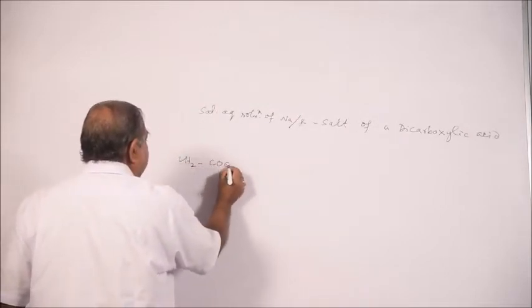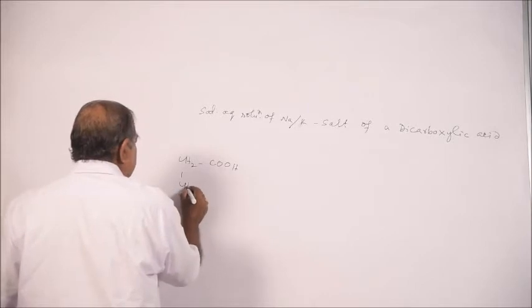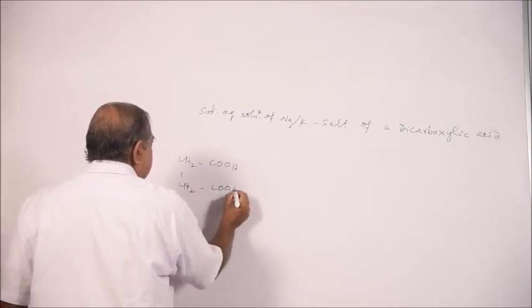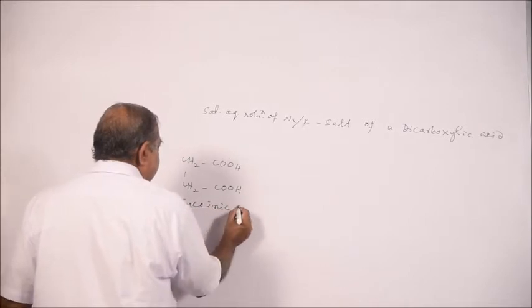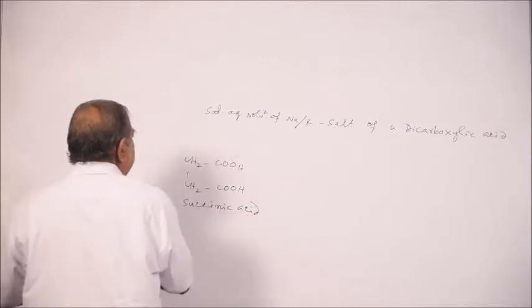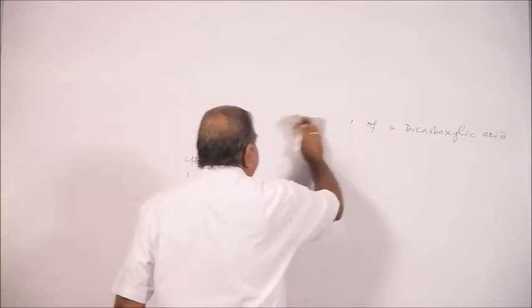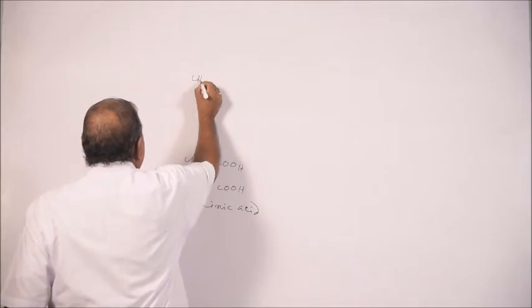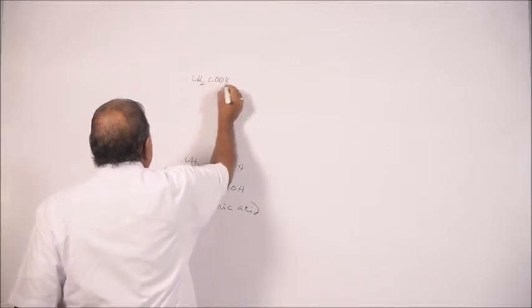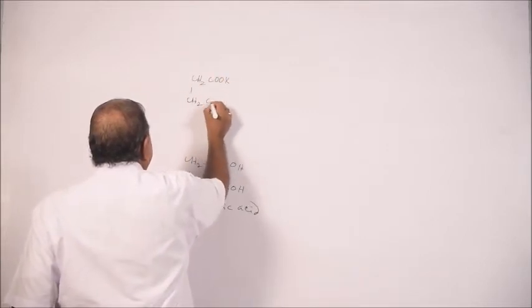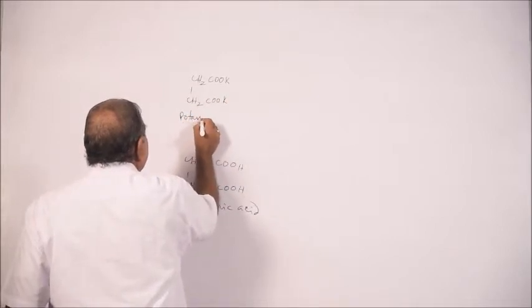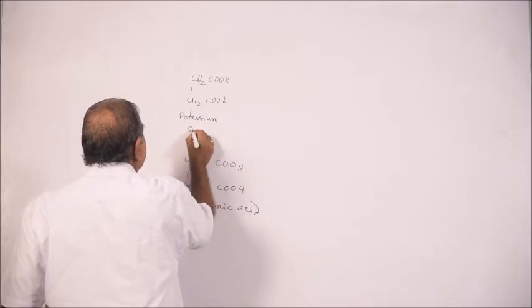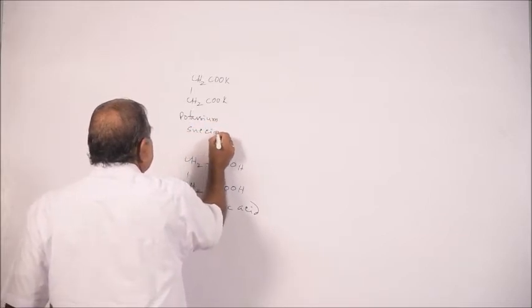Let us take one dicarboxylic acid. I am writing its common name, it is succinic acid. When you take its potassium salt, it is potassium succinate.